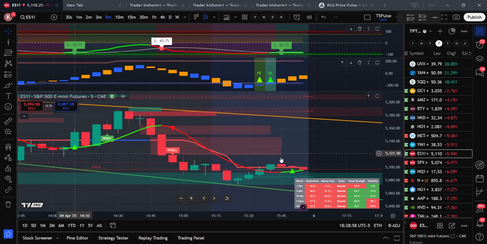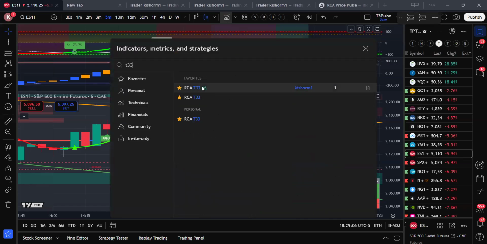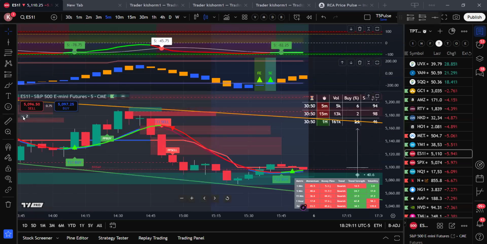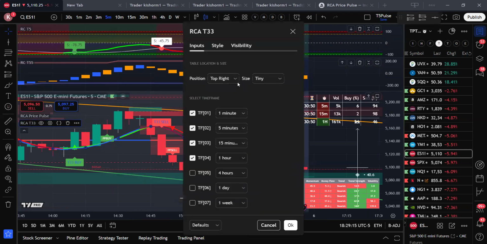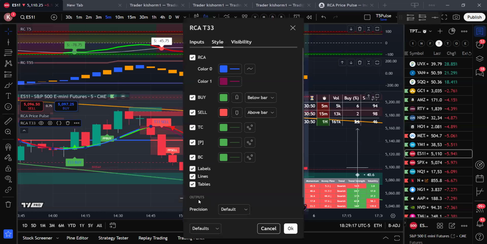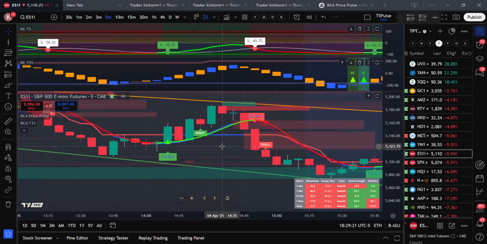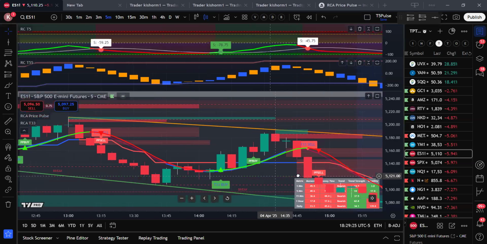For example, if the trend is bearish, let me take T33. Whenever I get a sell signal, that is the best opportunity.